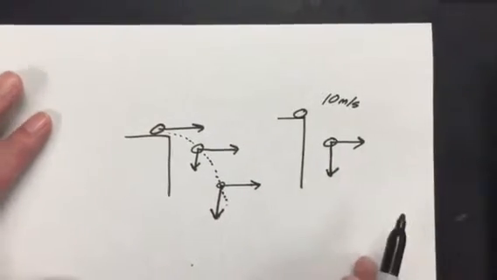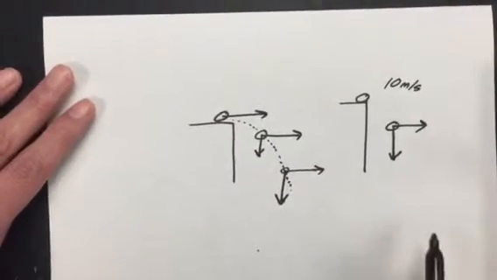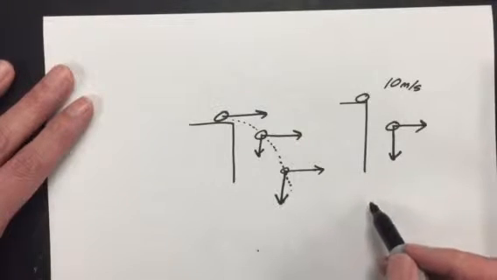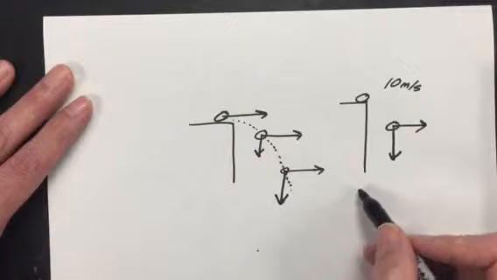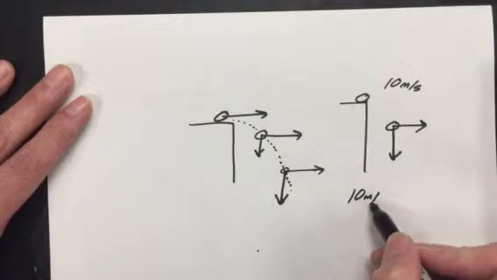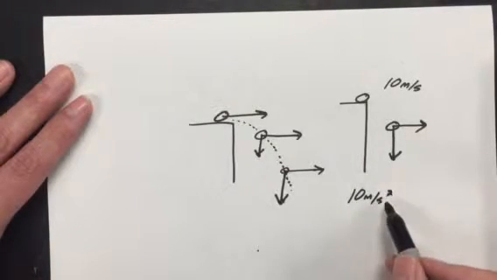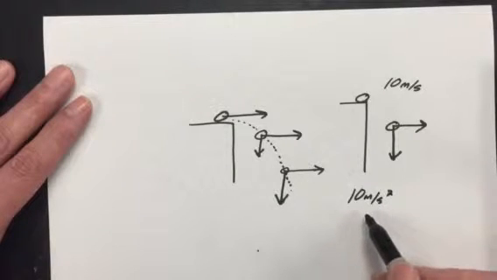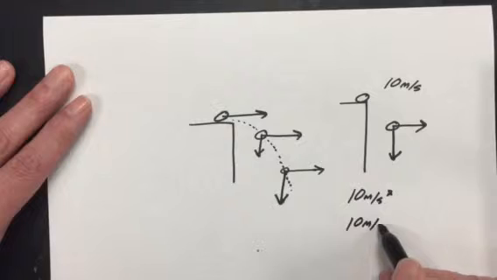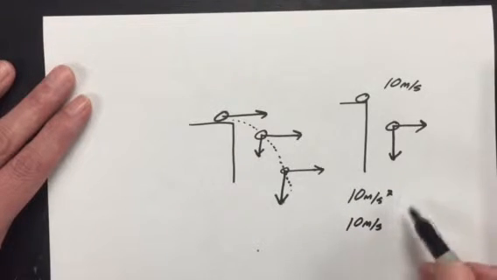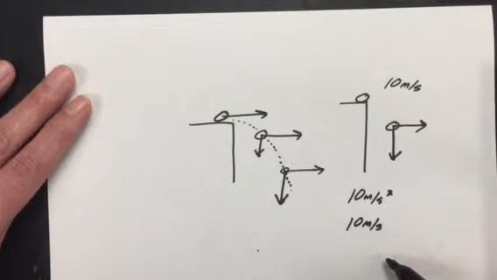Now we know from other examples that when we drop a ball, it's under the acceleration due to gravity. So that acceleration is 10 meters per second squared, which means that when you drop a ball, after 1 second, it should be traveling at 10 meters per second. Over the next second, it's going to increase that speed by 10 meters per second.